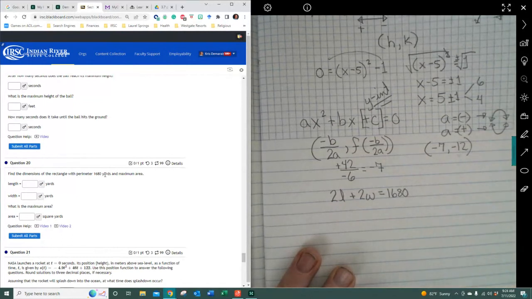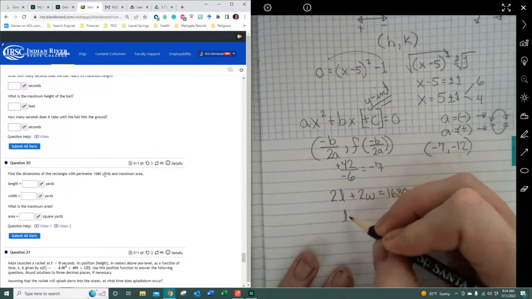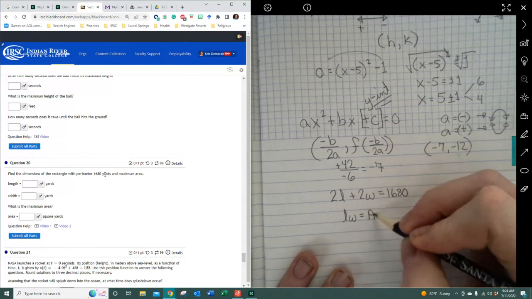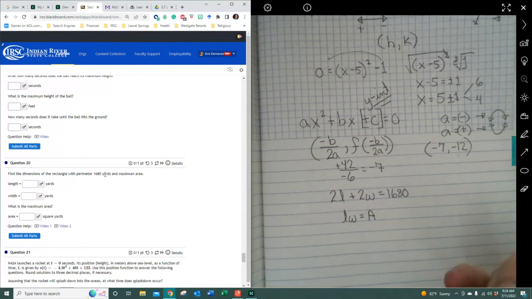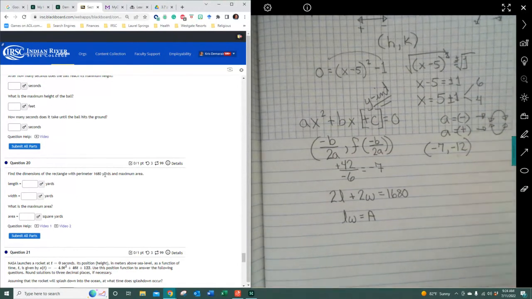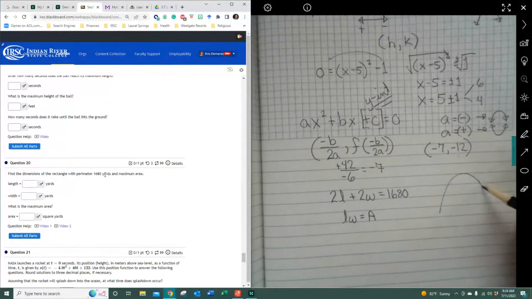All right. Now, the maximum area is length times width, right? Equals area. Now they're trying to maximize this value. What we're trying to do then is go ahead and think about it in terms of finding the parabola. Like, so we're looking at a maximum, so here it looks something like this.